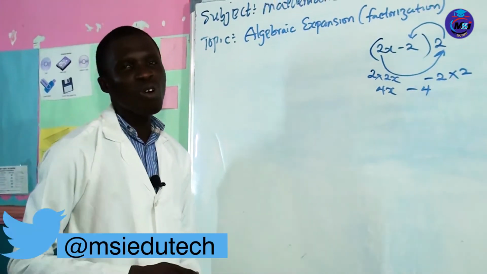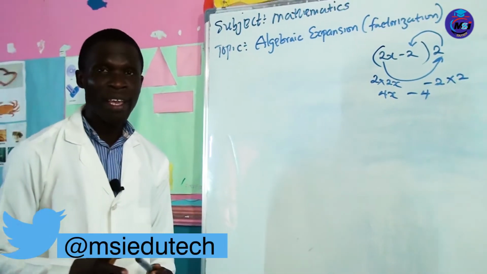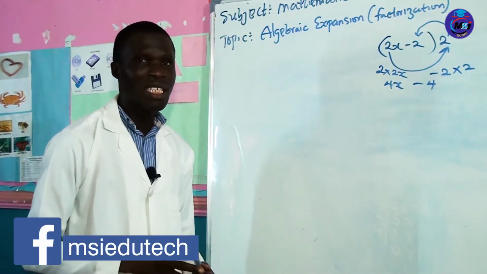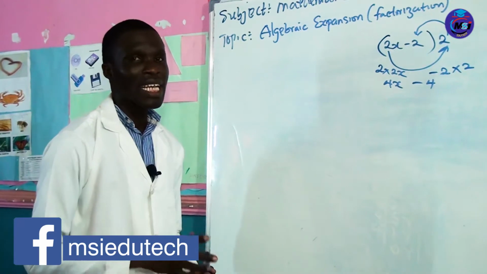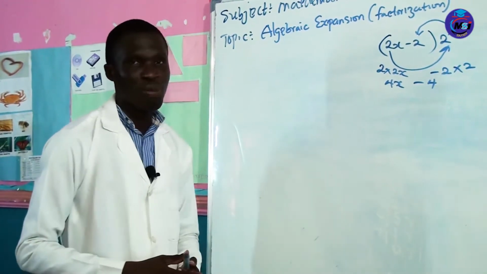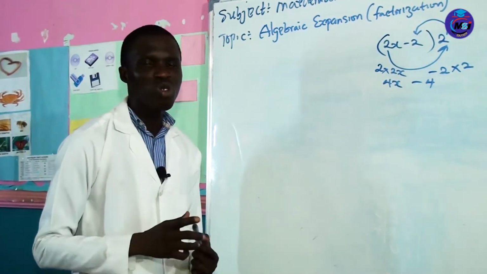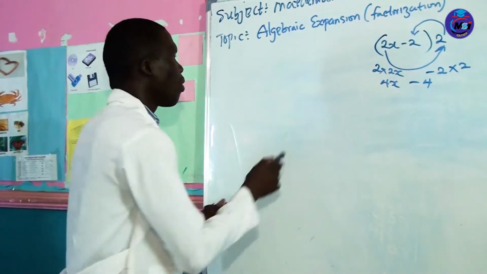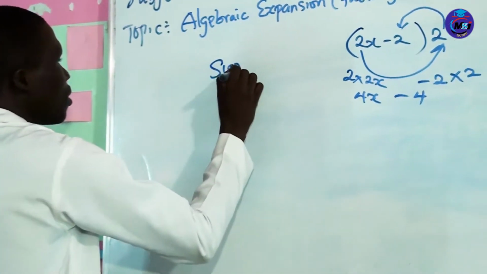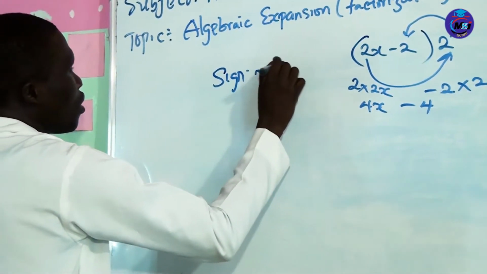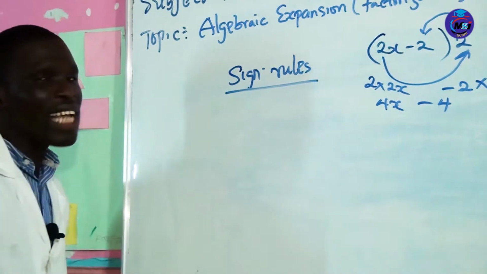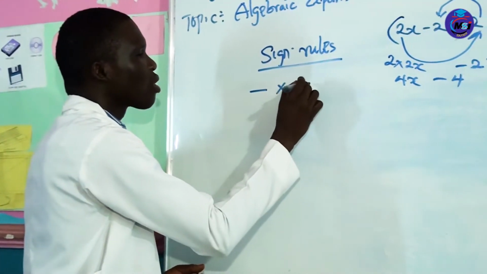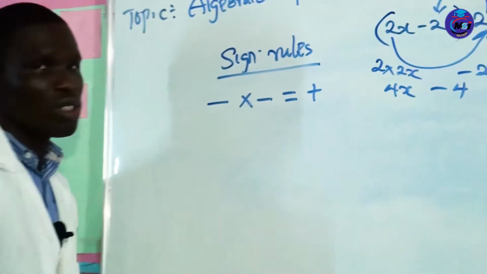But before we go deep into today's topic, I need to explain what you need before we can understand algebraic expansion. And what do we need? You need to understand sign rule. And what are these sign rules? This sign rule is telling you that minus times minus will give us plus.